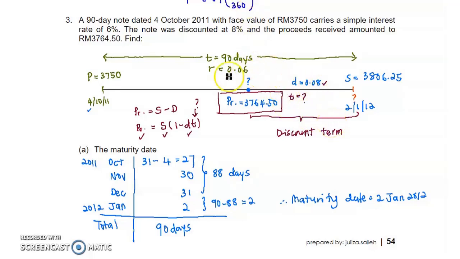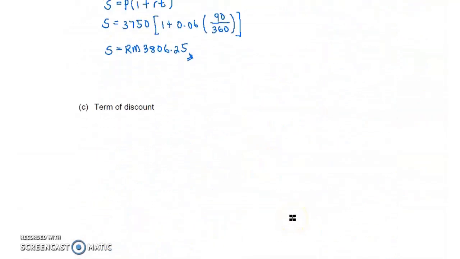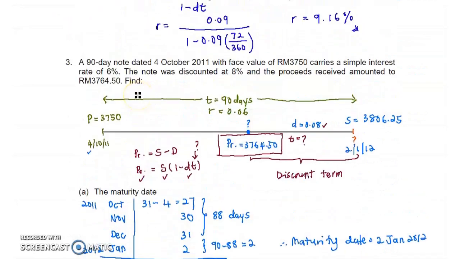Okay, use this info, proceeds. So that's how you think which formula you need to use. Look at the info given. So use formula proceeds equal to S multiplied by 1 minus dt. So proceeds just now 3764.5.